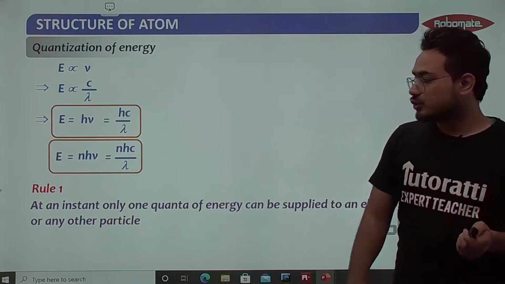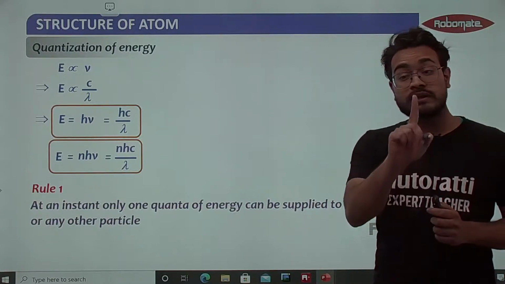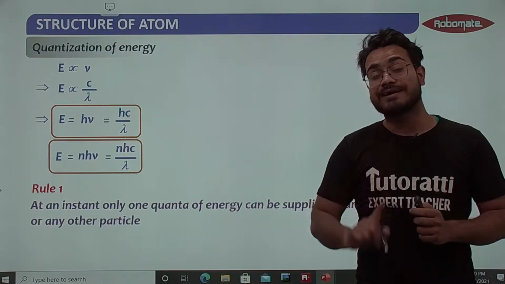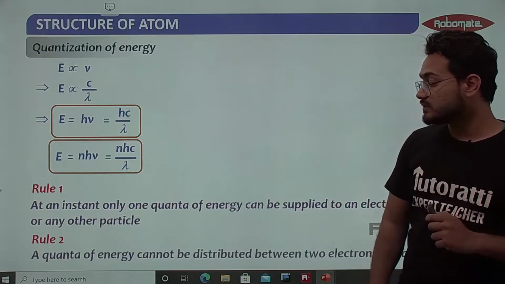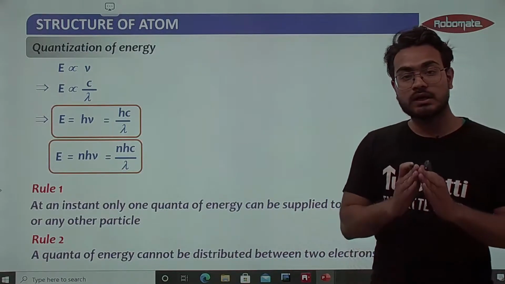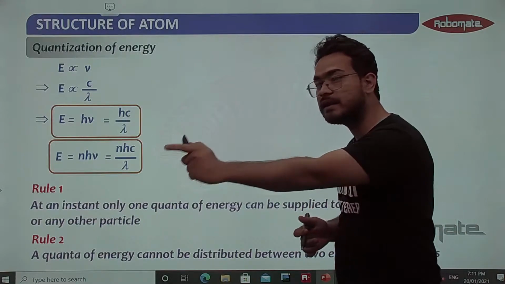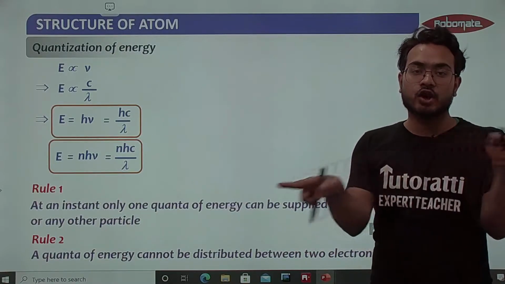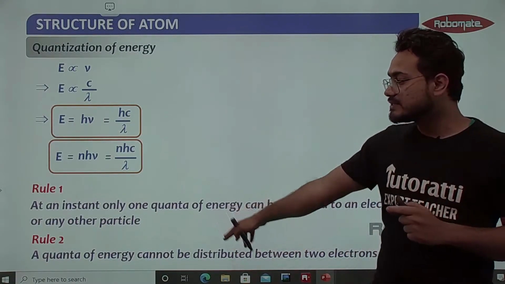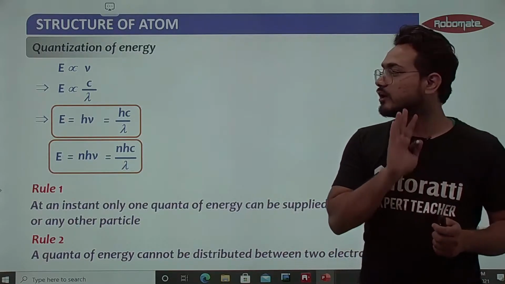Good. So the first thing is only one quanta can be supplied to a particle, and the second rule is it cannot be distributed. One quanta will be supplied to one particle and that quanta cannot be distributed. These are the two rules that you have to remember.